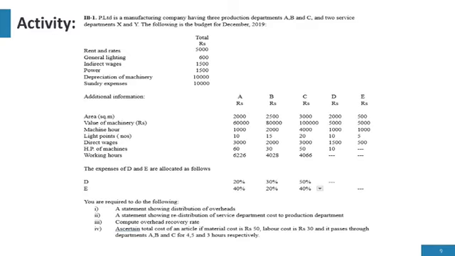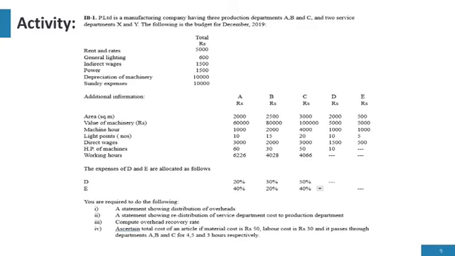Working hours 6,226 and 4,028, 4,066. The expenses of D and E are allocated as follows. D 20% and 30% and 50%. E 40% and 20% and 40%.